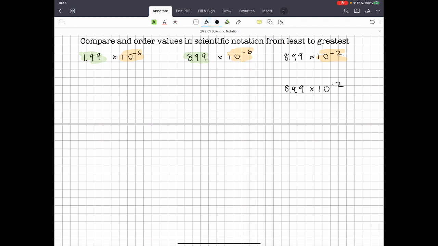And in this case, 1.99 is smaller, so that's going to be our least value. 8.99 is larger, and there you have it. Those are our expressions ordered from least to greatest.